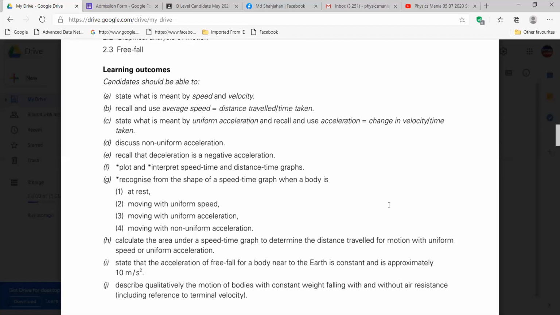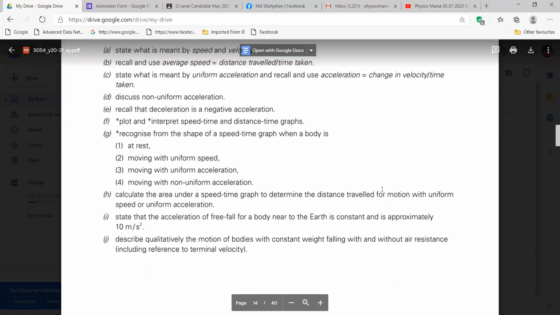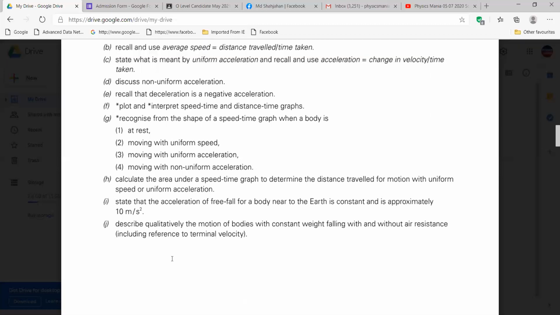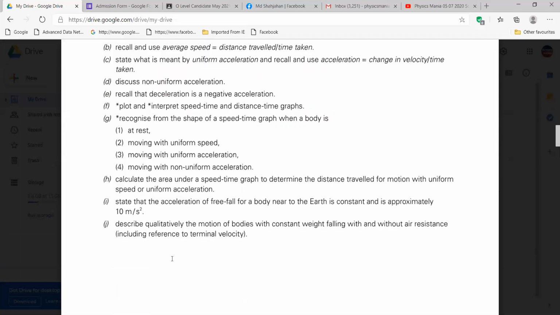And when the weight and the resistance, these two forces, are equal, then there will be constant speed. The object will be falling with constant speed. That speed or velocity, we call terminal velocity. We will discuss that one. So that's all about kinematics.